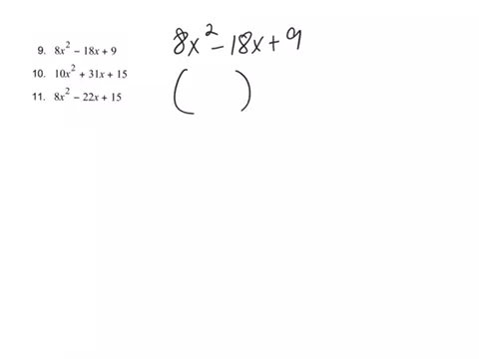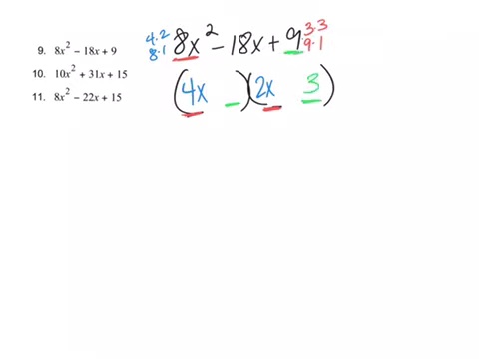I'm looking for the first two terms to multiply to the 8x squared. So let's try 4x and 2x, because 8 is 4 times 2 or 8 times 1. 9 is 3 times 3 or 9 times 1. So these two numbers are going to multiply to the 9.